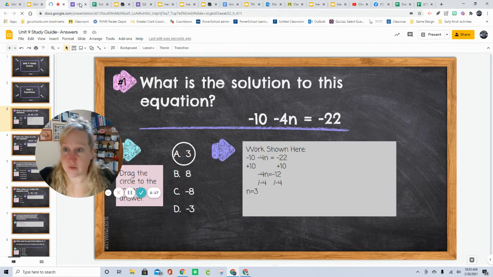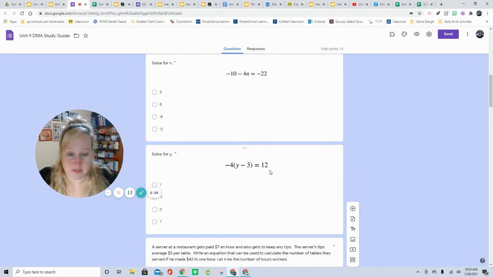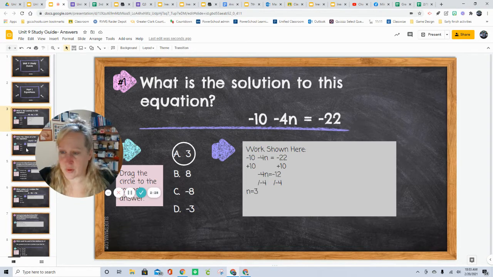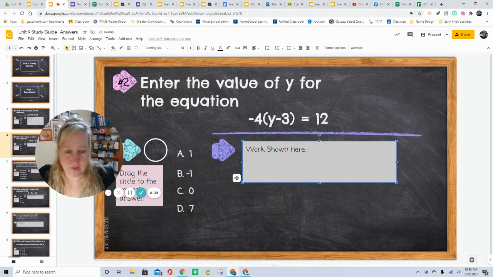All right, so you should have selected this answer right here. And now we're going to go to the second problem. This second problem should match this problem right here. So we're going to do the same thing. We're going to solve. The first thing that we have to do is distribute that negative 4 to everything inside.